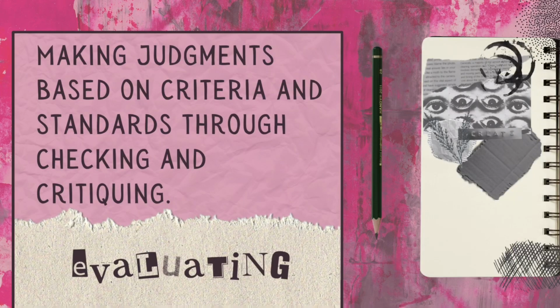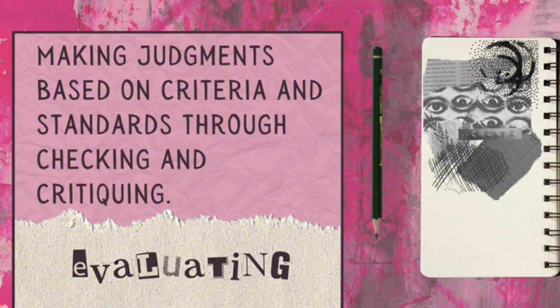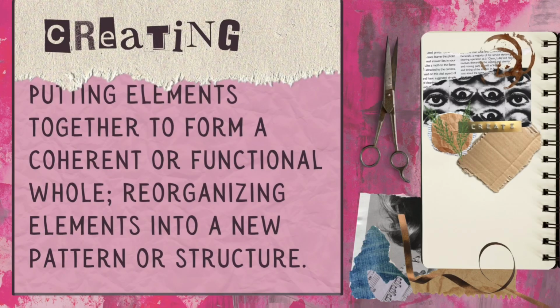And the next level is evaluating, meaning making judgments based on criteria and standards through checking and critiquing. And lastly is creating. Putting elements together to form a coherent or functional whole, reorganizing elements into a new pattern or structure through generating, planning, and producing.